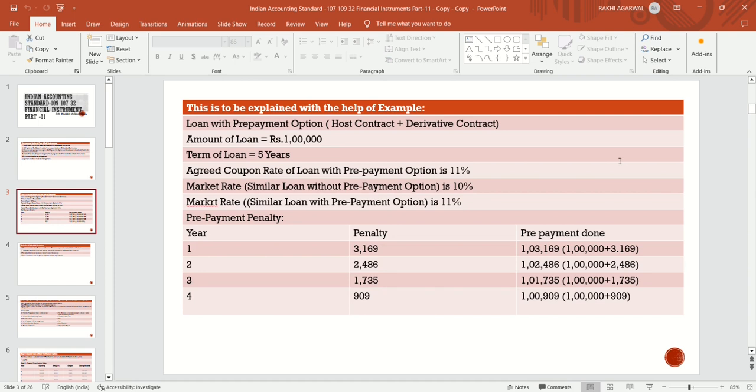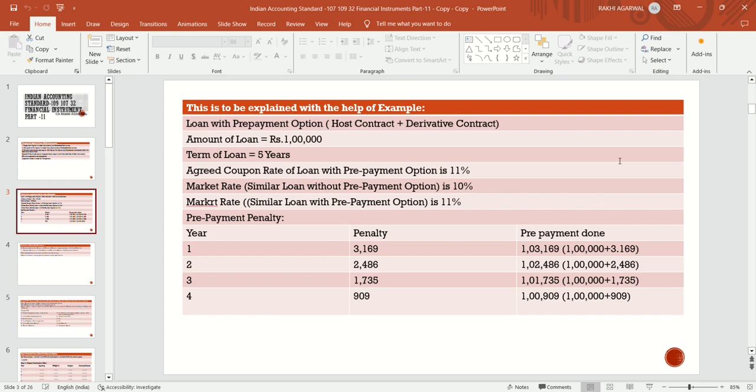The market rate of a similar loan without prepayment option, meaning if they do not pay early, is 10%. The market rate of a similar loan with prepayment option is charged at 11%. If they pay early, some prepayment penalty will be charged by the lender to the borrower.